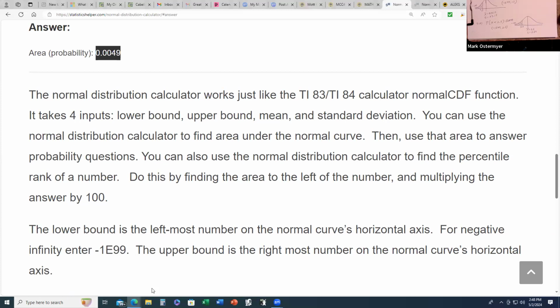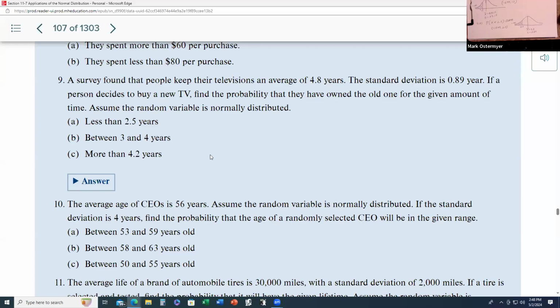Now for 9B, what's the probability that somebody keeps their old TV between 3 and 4 years before buying a new one? Symbolically, this is going to be represented as X greater than 3 and less than 4.